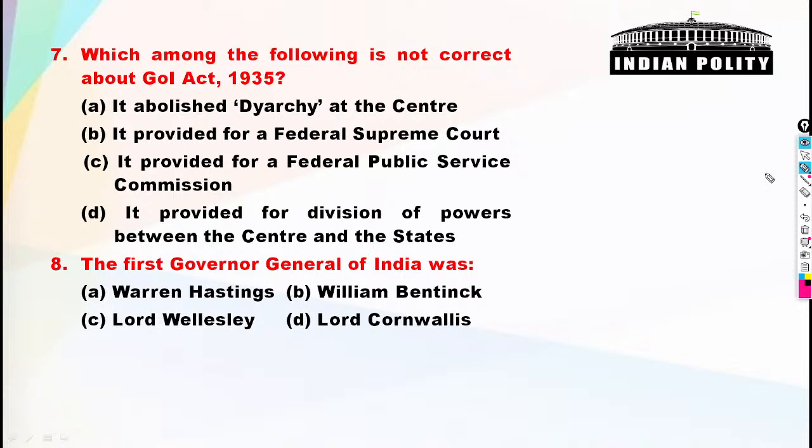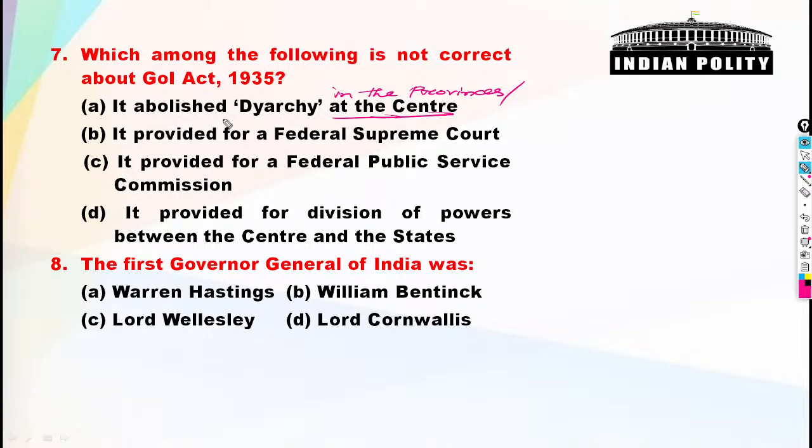Which among the following is not correct about the Government of India Act of 1935? It abolished diarchy in the provinces, not at the center.